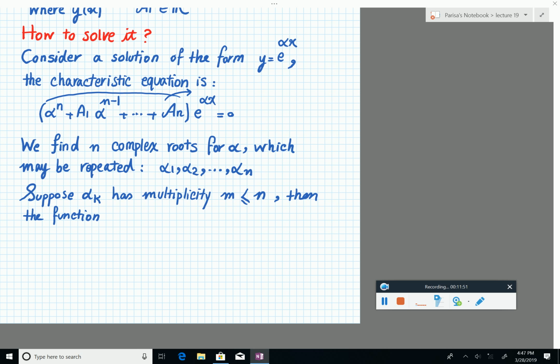It's in the right direction. So exactly, a function which looks like that: you multiply x by e to the power of alpha k times x. But it doesn't have to be x, right? It can be x, x squared, x cubed, until x to the p, where p can go all the way to m minus 1. You have seen this before, so I'm sure this is ringing some bells.